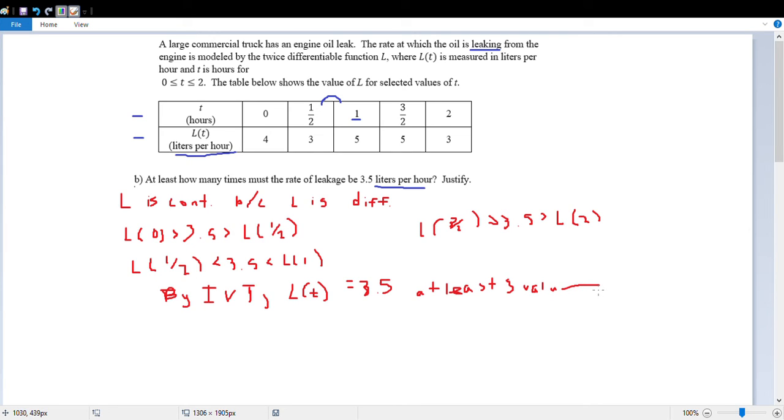So I'll say at least 3 values of T. Okay, and that's it for that one.